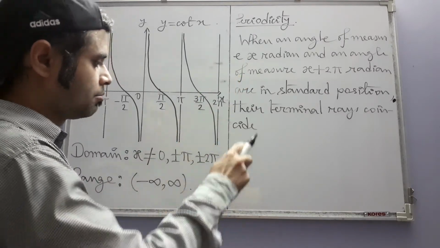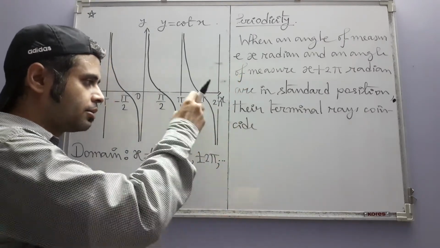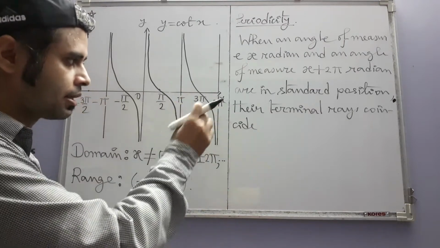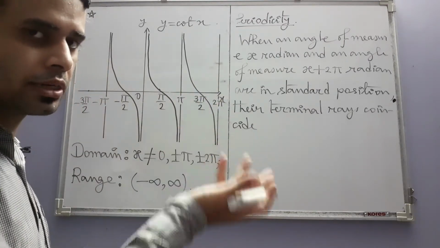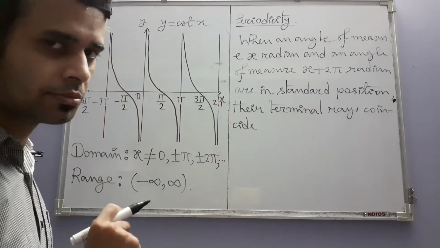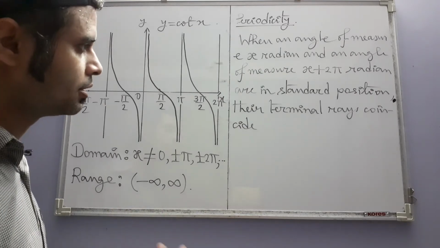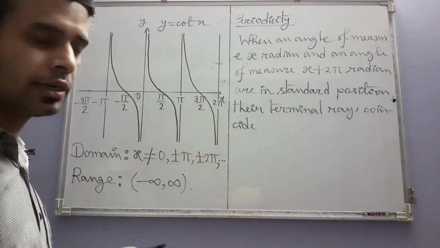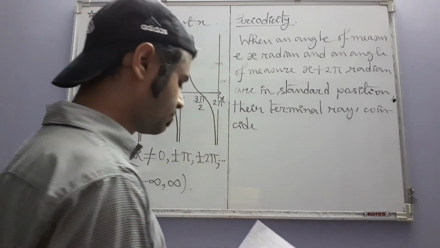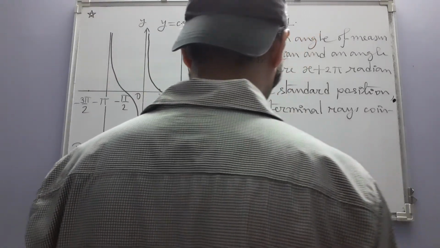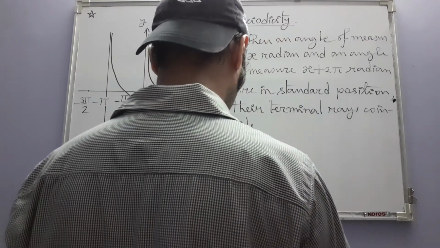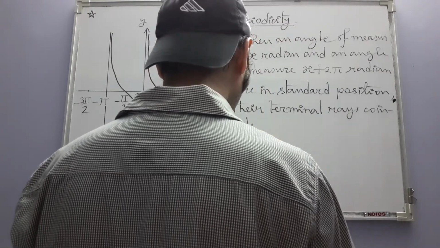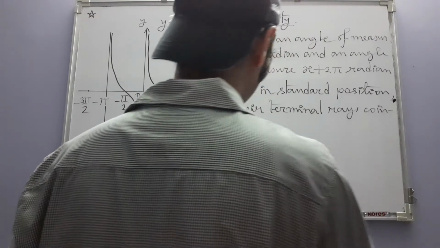The point at which the terminal ray intersects the unit circle, the coordinates of that point, determine the values of the trigonometric functions by our definition. So those functions will have the same values at x and x plus 2 pi. The two angles therefore have the same trigonometric values.